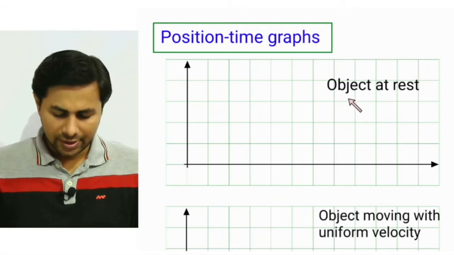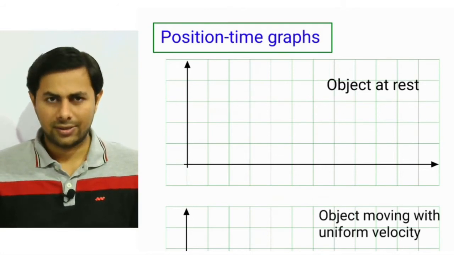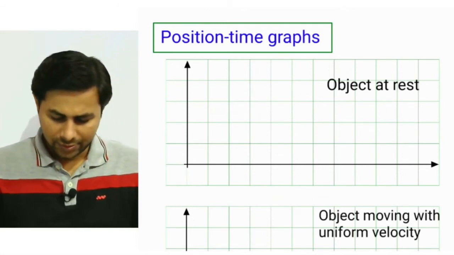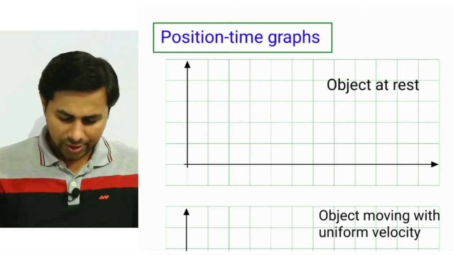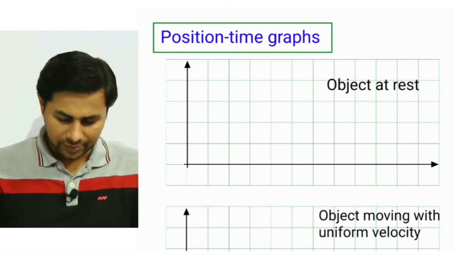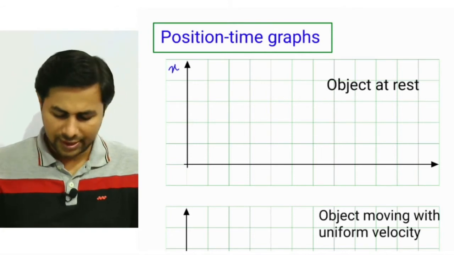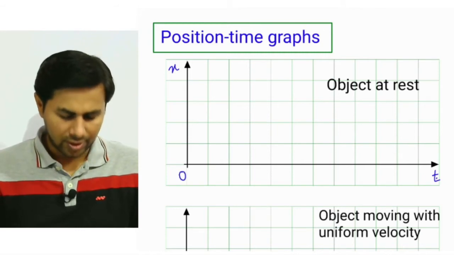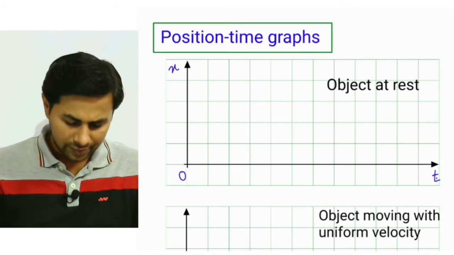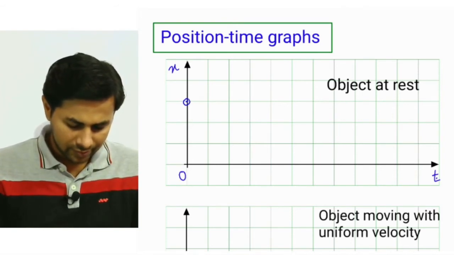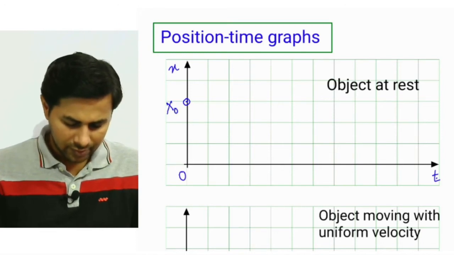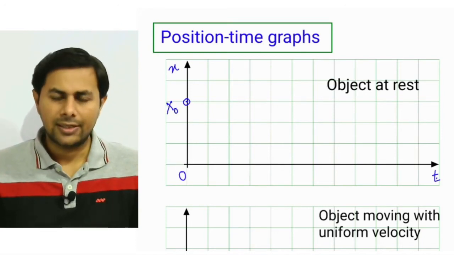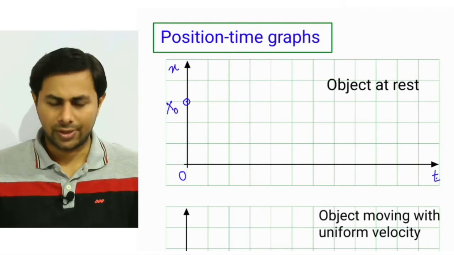So let's consider an object at rest. Let's plot the position on this vertical axis and time on the horizontal axis. At t equals 0, the object is at some position, let's say x naught, and it remains at the same position as time goes on.